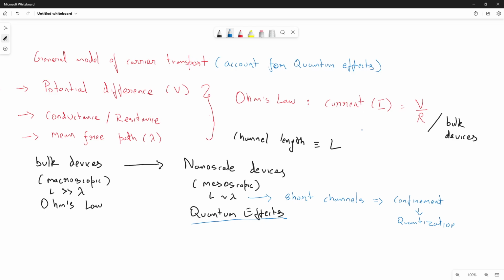Essentially, we need to develop a model of transport and apply it to devices such that we are able to take into account the quantum effects that arise due to confinement.